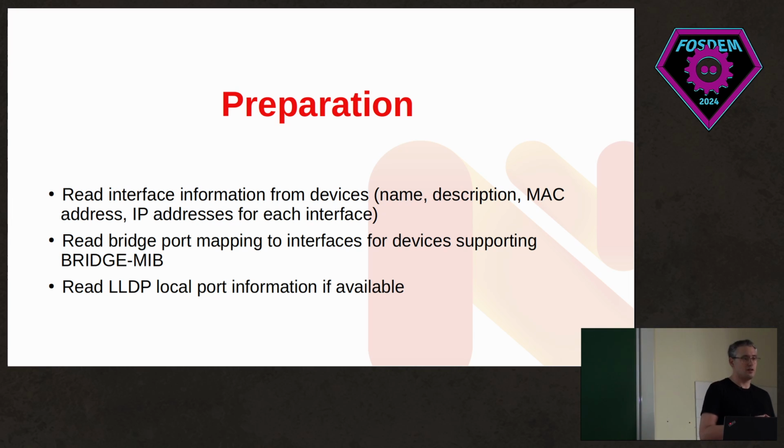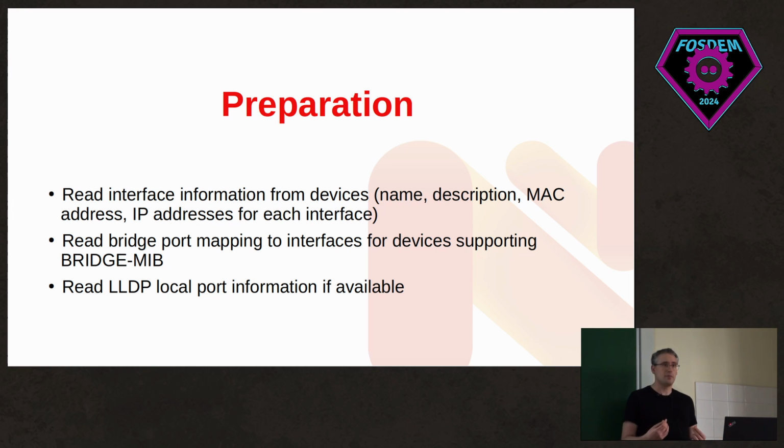If the device supports bridge MIB, which is normal for all switches, then we will read bridge port mapping as well from the bridge MIB. And if the device is LLDP capable, then we will read LLDP local port information as well.